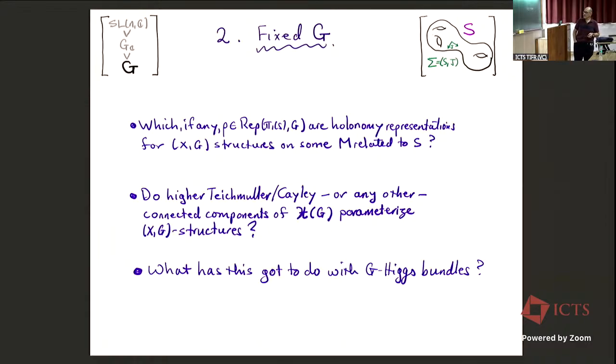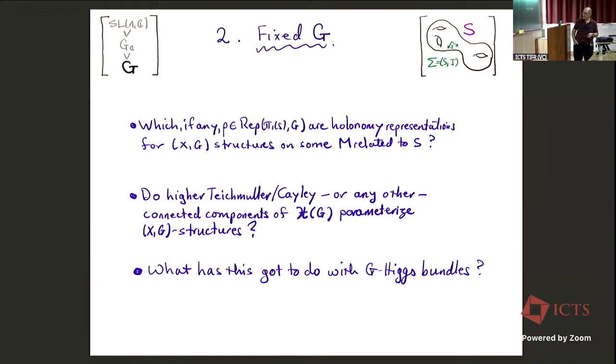In the first situation that was on our list of contents, we want to fix a group G and think about these sorts of issues. So given a group G, we have our representation variety consisting of representations of the fundamental group into G. You can ask which of those arise as holonomy representations for an X_G structure.